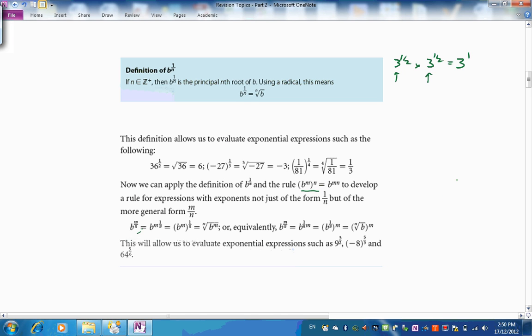So 3 to the half is that number which multiplied by itself equals 3. Adding the powers you get 3 to the 1. Hey, that's the definition of the square root of 3. The number which multiplied by itself gives 3 is called the square root of 3. Therefore, a half power means the square root.